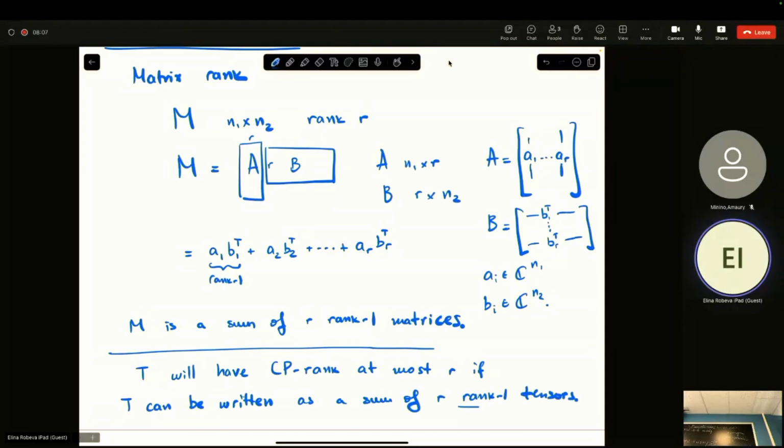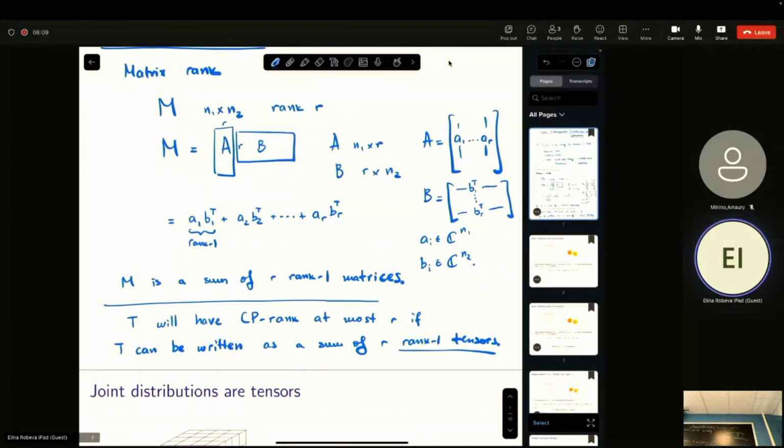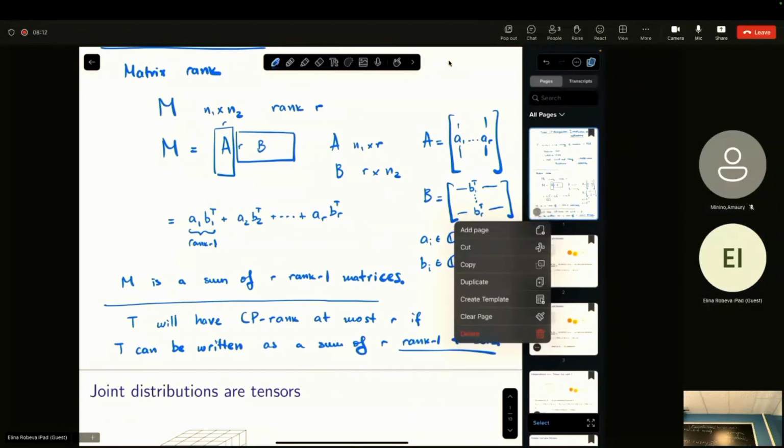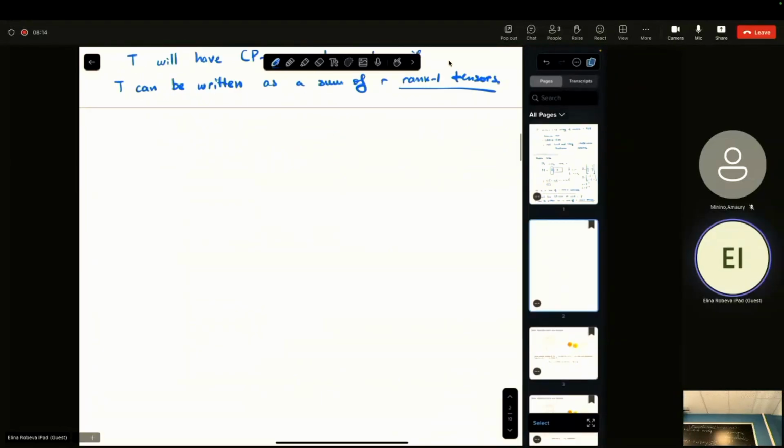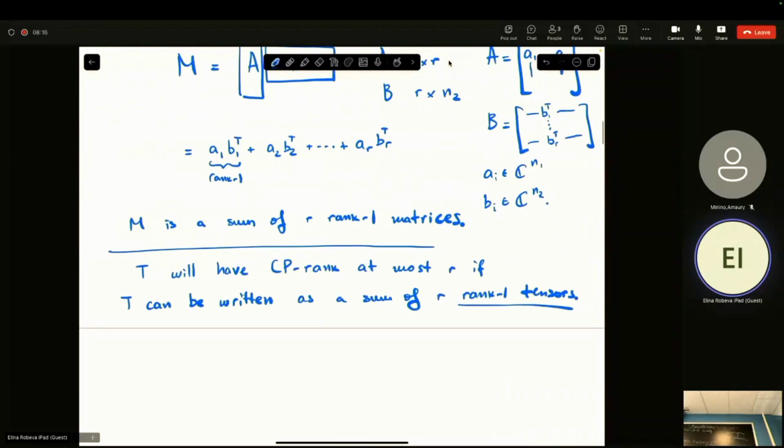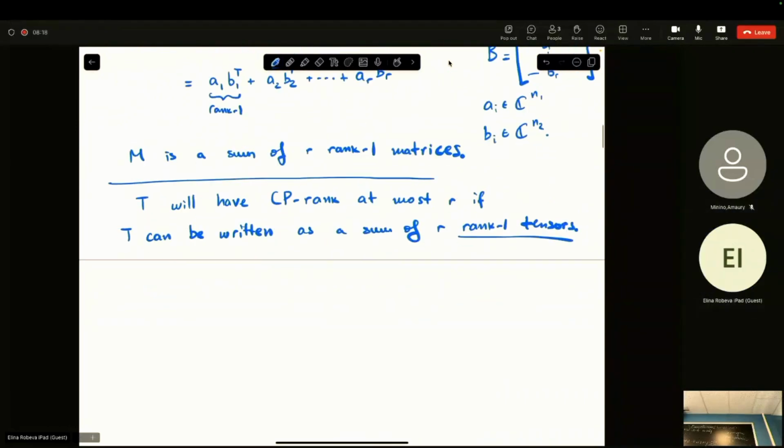And so now I have to define what rank 1 tensors are. Okay, so now what is a rank 1 tensor?